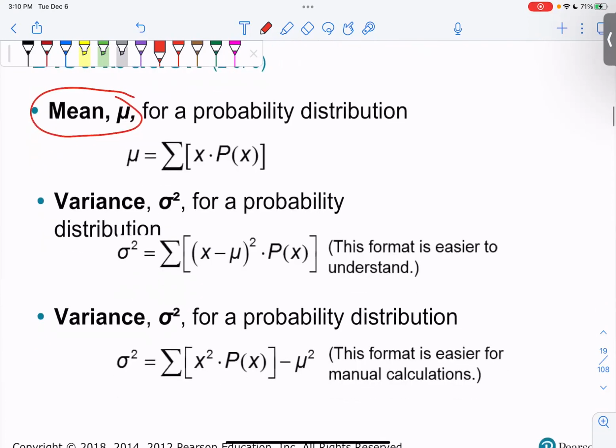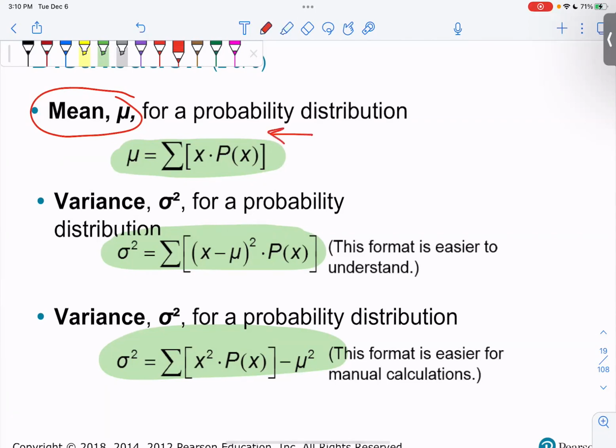So those are the formulas for how to find mu and standard deviation. So mu, mean, variance, and standard deviation, okay? Use the same way I did all the time, like this.